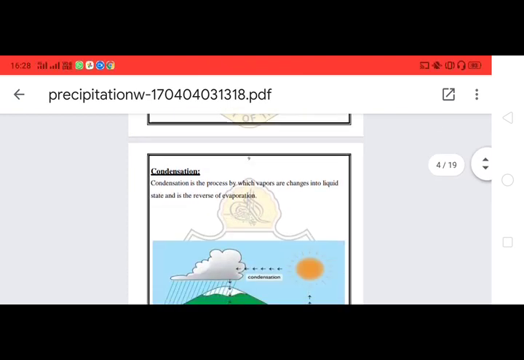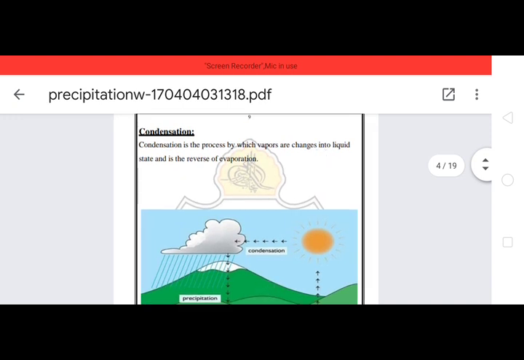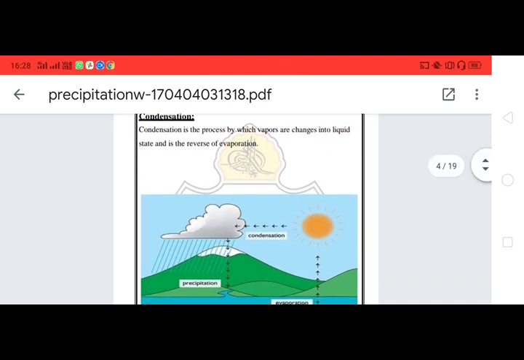Okay, then condensation. What is condensation? As we discussed in the evaporation point, the water particle after vaporization goes upward, but up to a certain height or a certain layer, the stratosphere, the water particle condenses due to various causes.